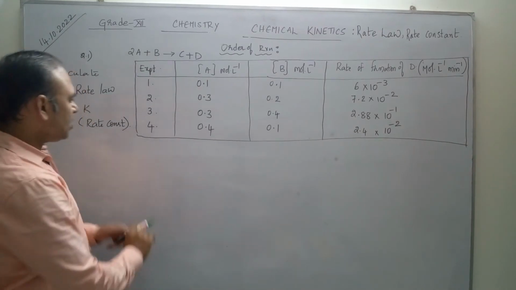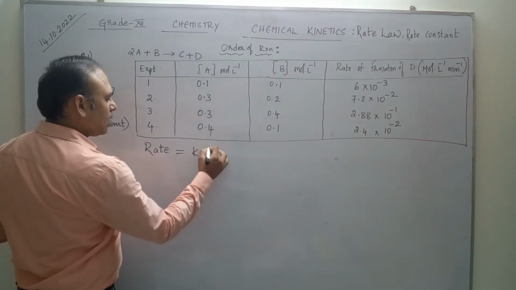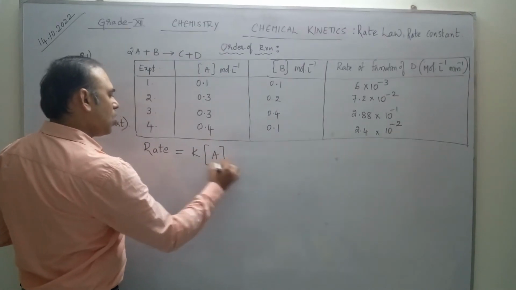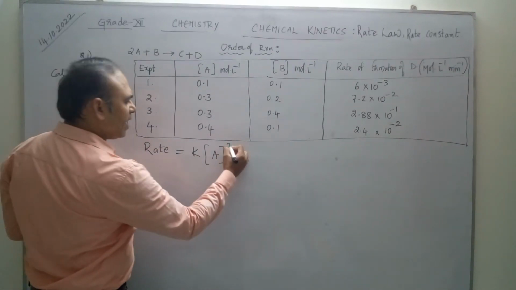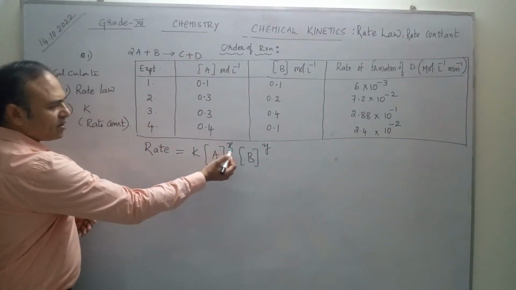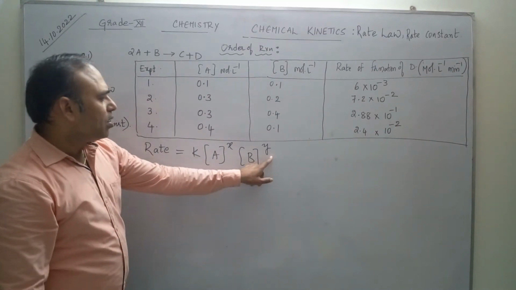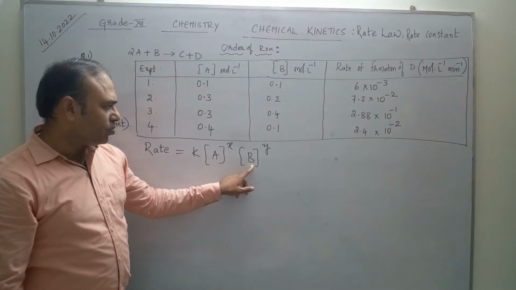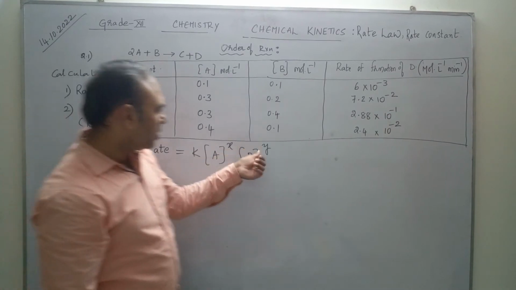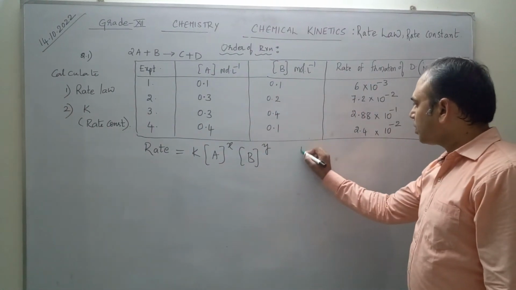We know the general method, rate can be represented as K into A to the power of X and B to the power of Y, where X is nothing but the order of reaction with respect to A and Y is the order of reaction with respect to B. Let us first calculate what is X and what is Y. I'll give a very simple hint here.